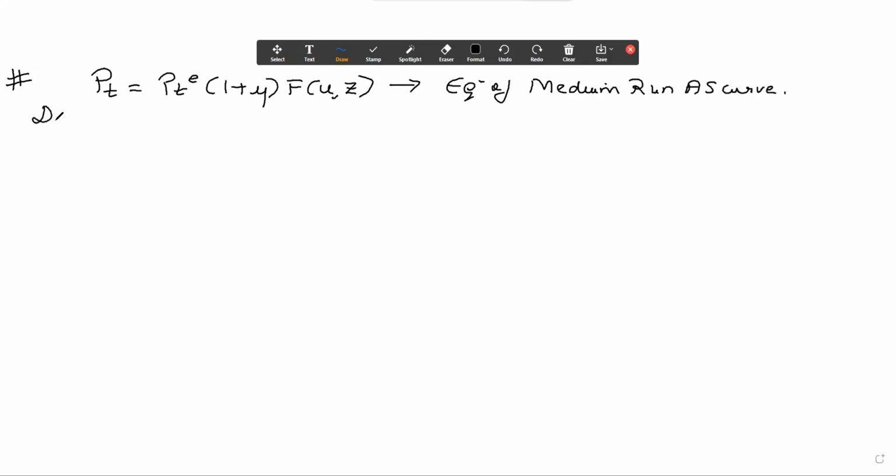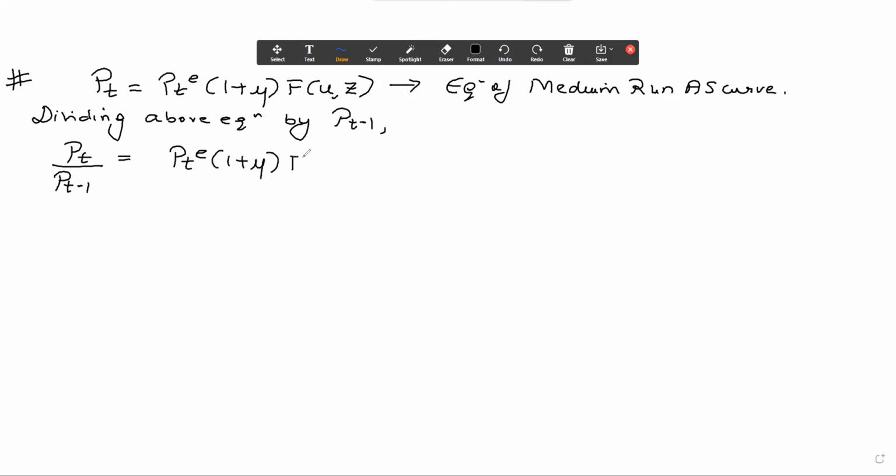So dividing the above equation by Pt minus 1. So Pt upon Pt minus 1 is equal to Pte into 1 plus mu into F of u comma z upon Pt minus 1.